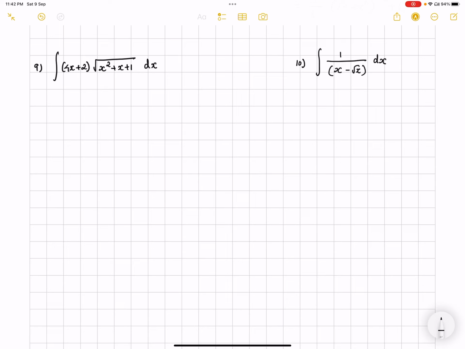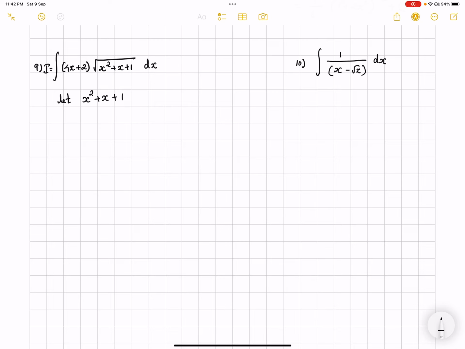Okay, now let's come back to this one. Now here, which one would you be substituting? Obviously, the one inside the square root. Always that works. Now here, let x squared plus x plus 1 be t. See, what I told previously, the same thing applies here also.